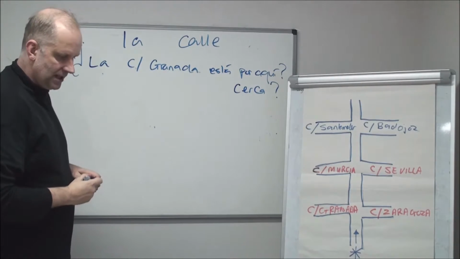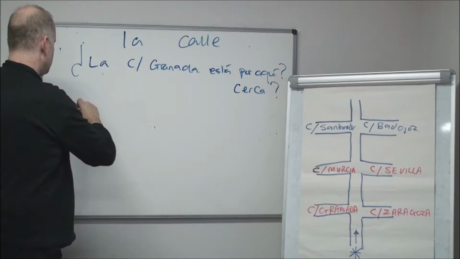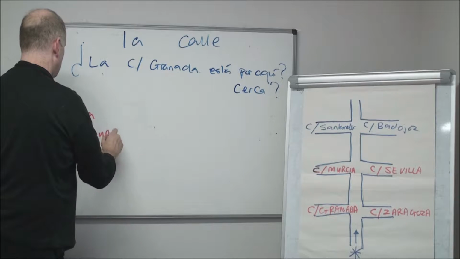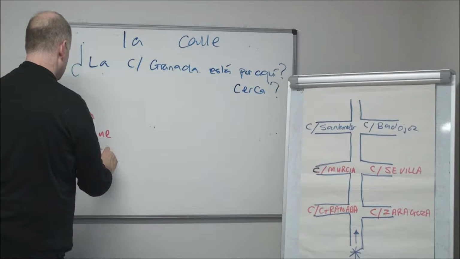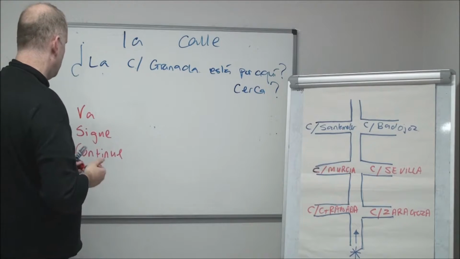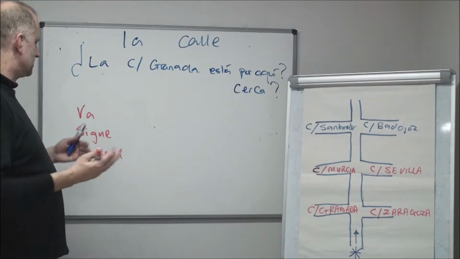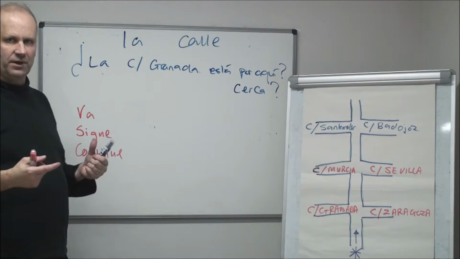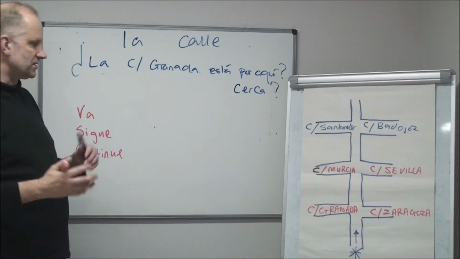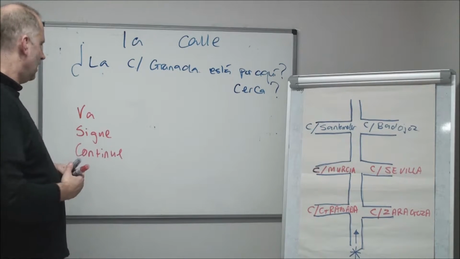So when you want to say go straight on, you can say va, or sigue, or continua. These are ways of saying either go or continue. When you give instructions to people, the verb will change according to whether it's tú, usted, vosotros, vosotras, ustedes. So it depends on whether it's singular or plural and whether it's informal or formal.